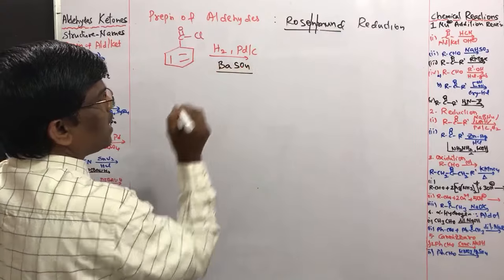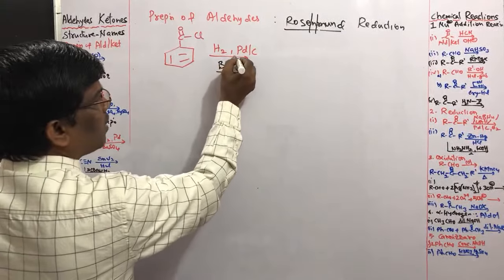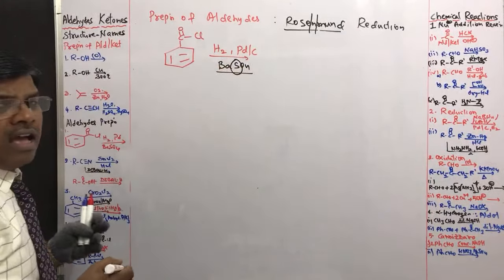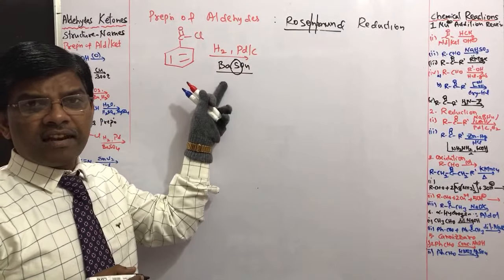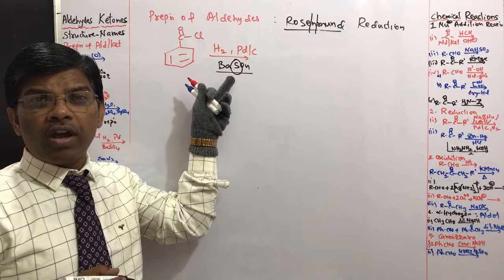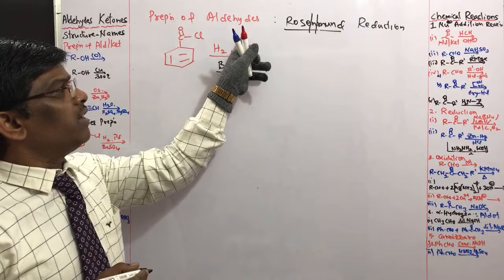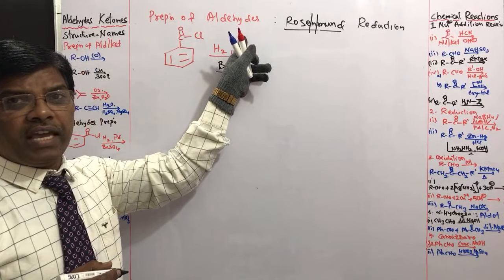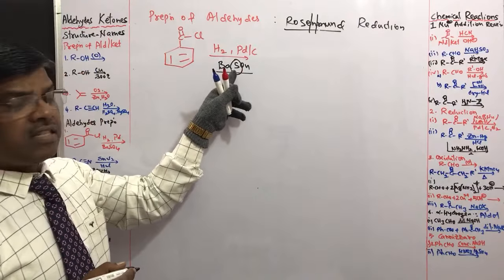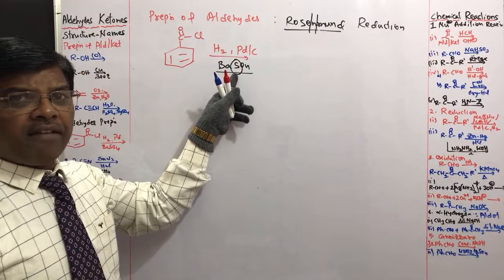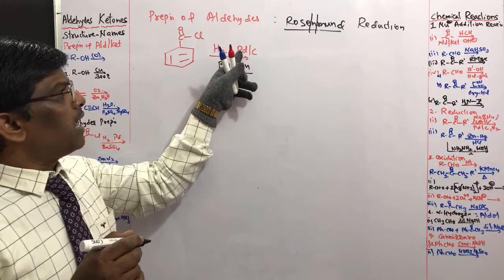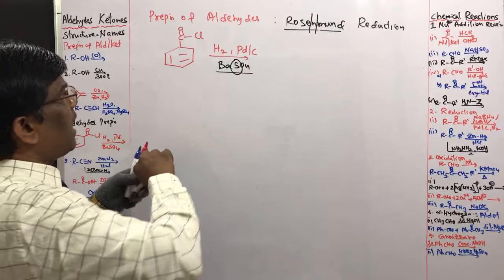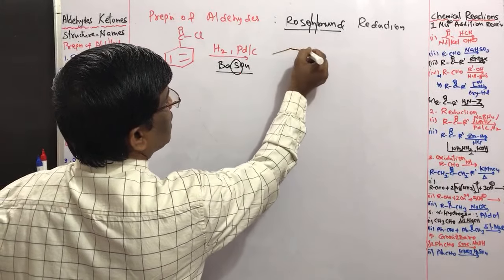So in this barium sulfate, the sulfur which is there as sulfate is going to act as a poison for the activity of palladium, where this sulfur behaves as a poison towards this palladium, and it stops at the aldehyde stage only.